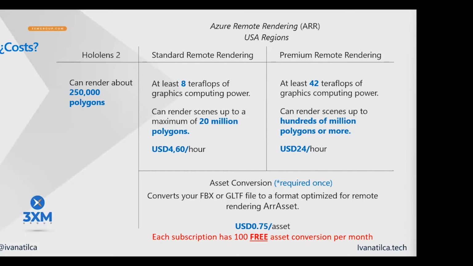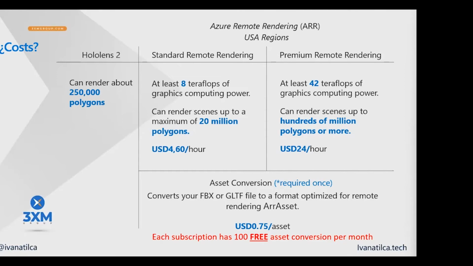Now, how can we decide which one of the different services we need from Azure Remote Rendering? We have not only the standard remote rendering, but also the premium remote rendering. And as you can see the difference in here, the standard has at least 8 teraflops of graphic computing, whereas premium has 42 teraflops.